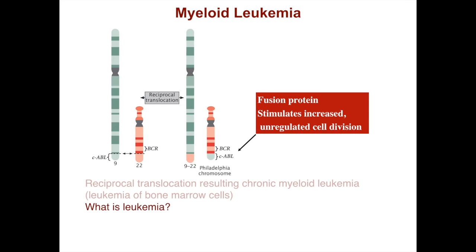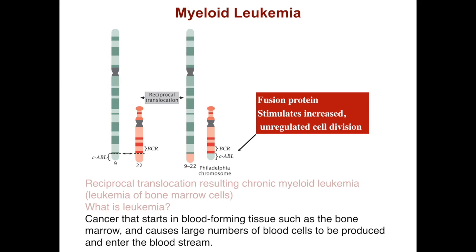And so what is leukemia? It is a cancer that starts in blood-forming tissue such as bone marrow and causes large numbers of blood-related cells to be produced and enter the bloodstream. And this, of course, can be very, very dangerous and can lead to death.